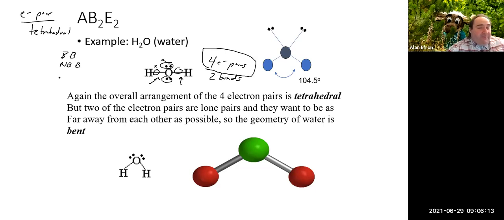And now we have the third and worst interaction that occurs, which is non-bonding electrons near non-bonding electrons, dots near dots. And because of that, those non-bonding electrons want to get away as far as possible from one another.